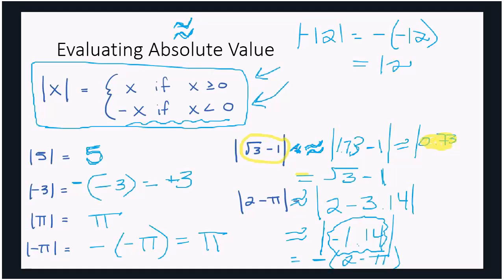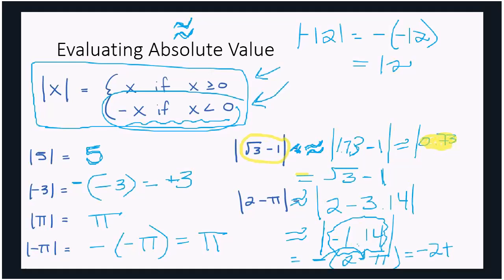Because it's going to be a negative, I need to follow the rule here, which means you put a negative sign in front of your expression, and then when you evaluate it, that negative applied to my 2 gives me a negative 2, and then that negative applied to my negative pi gives me a positive pi.